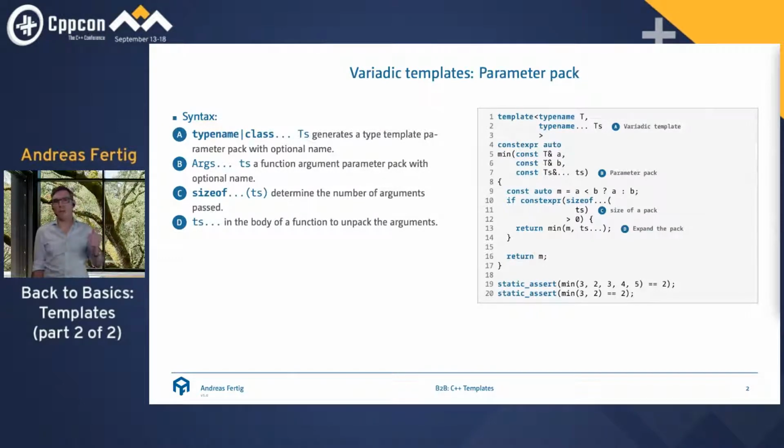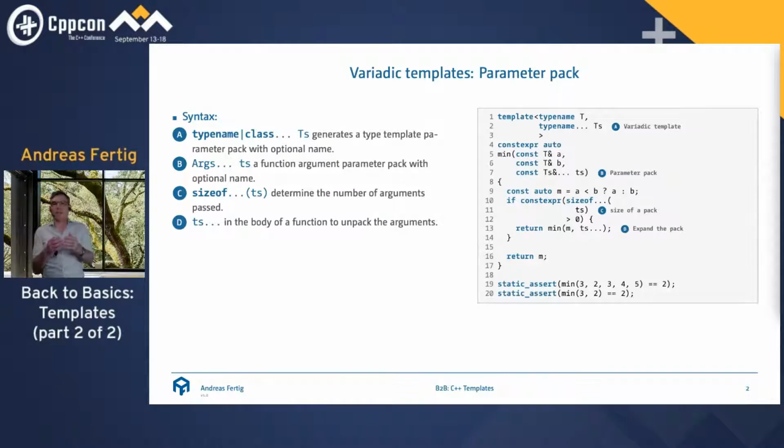But this time we have a third parameter that function takes, and it's of type const Ts ref, followed by the three dots. So this is the third parameter, which is somewhat optional, and this is the variadic pack. So here I'm looking at a parameter pack. And now that I have this type Ts, I can create this pack out of it and can give it a name, which in this case is the small written ts.